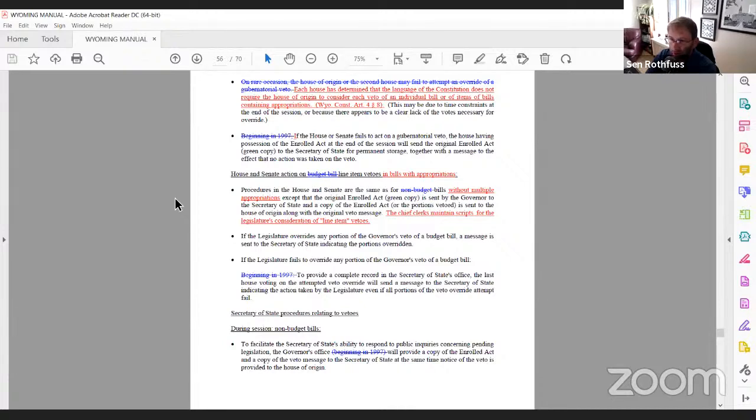I believe that's fully in order. I can't imagine why an individual member wouldn't have that authority. But I don't know where it says any of that. So is that something where maybe we're lacking a little bit of procedure, or am I wrong in that we don't do veto overrides unless the majority leader of the chamber decides we are?